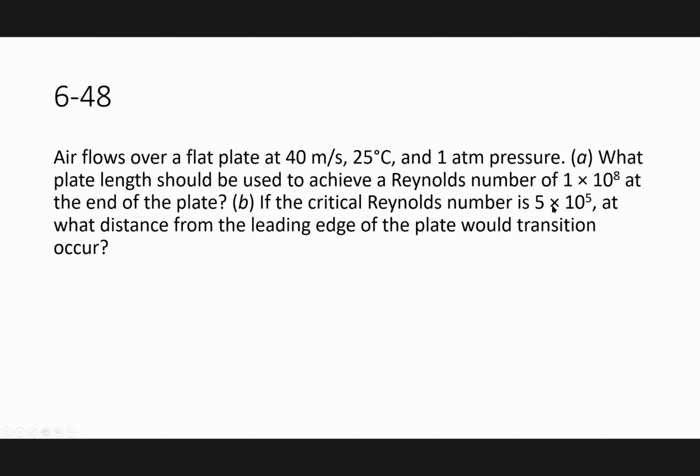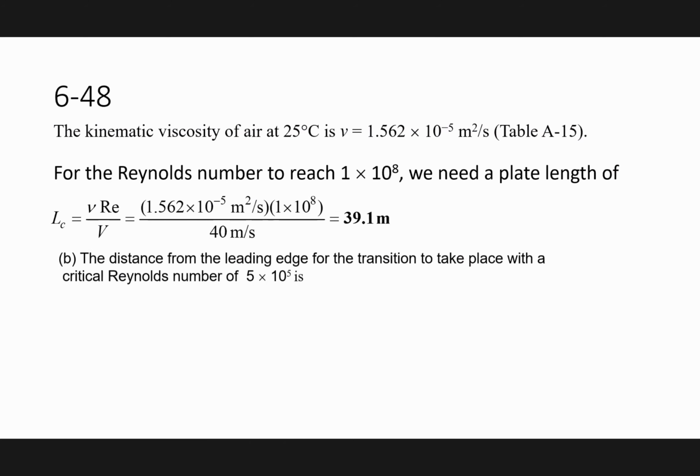Again, we go back and use the same equation, but this time we know the critical number is 500,000. Remember, we're talking about airflow over a flat plate. The Reynolds number is a function of the length. In the case of a pipe, it's not, okay?